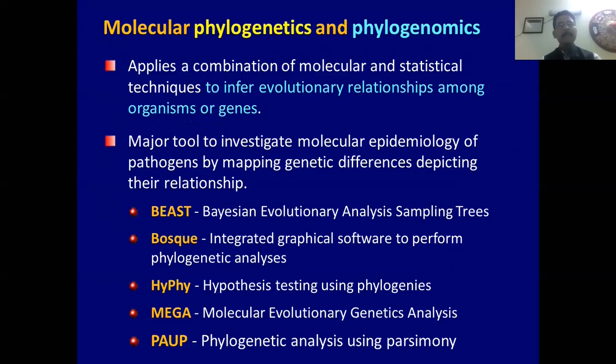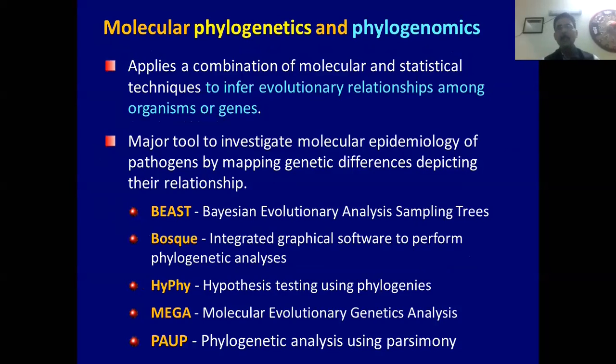Another aspect is the development of phylogenetic trees by use of phylogenetics and phylogenomics tools. Earlier, phylogenetic analysis was mostly done based on certain conserved sequences, particularly in the case of bacteria, the 16S ribosomal RNA sequences, and in the case of eukaryotes, mostly the mitochondrial gene sequences. But now people have shifted from phylogenetics to phylogenomics.